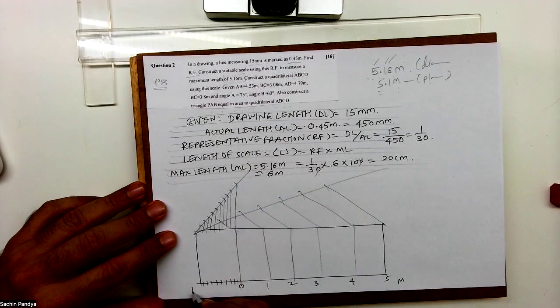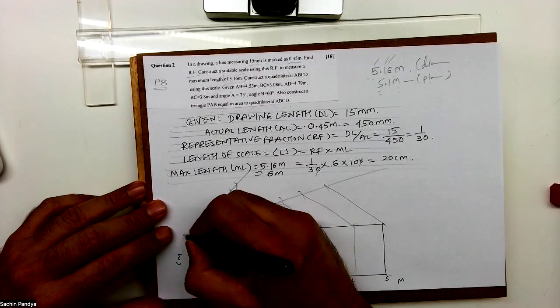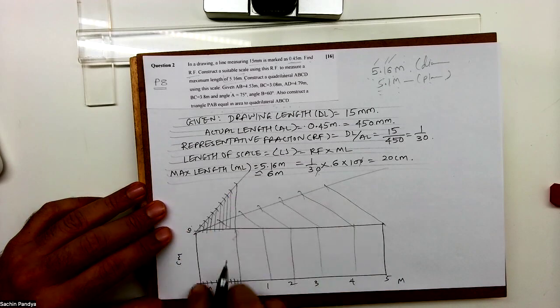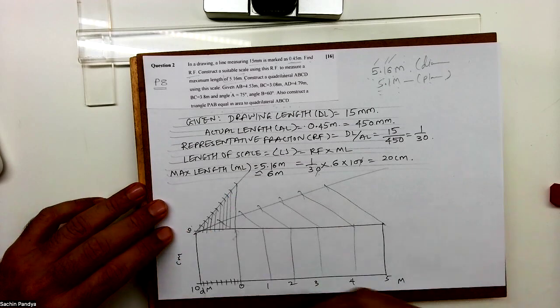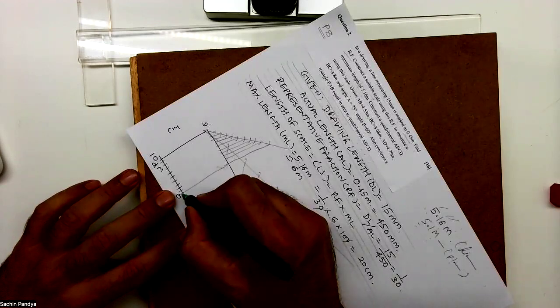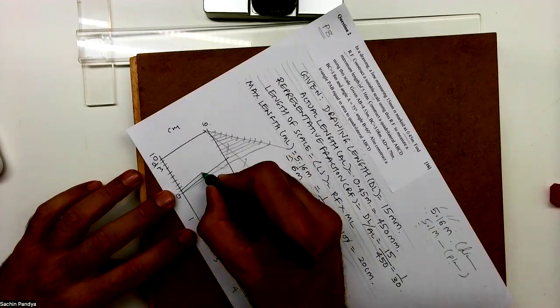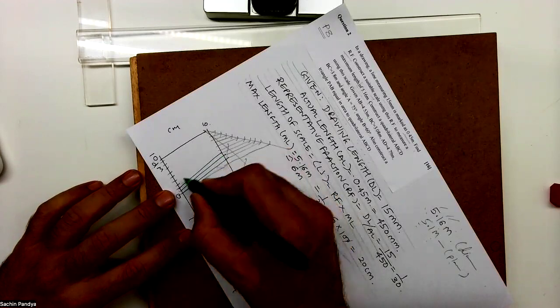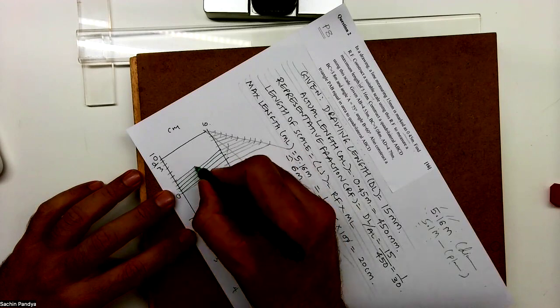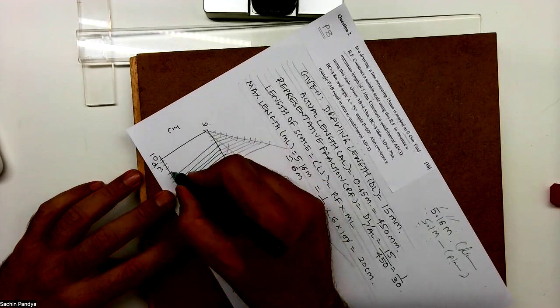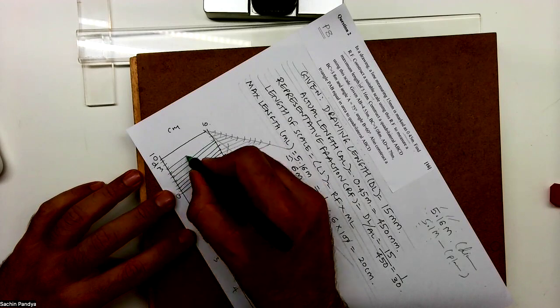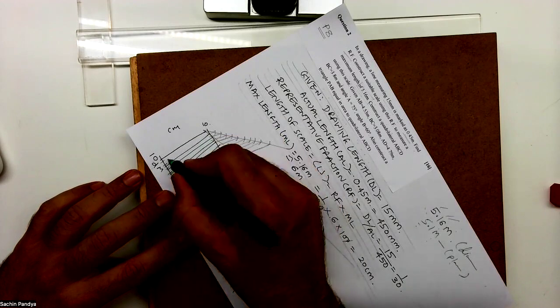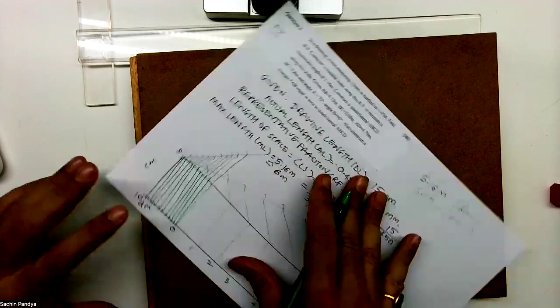This is meter, this is decimeter and this is centimeter. We'll divide this also into 10 parts. Then we need to join 0 to 1, 1 to 2, 2 to 3, 3 to 4, 4 to 5, 5 to 6, 6 to 7, 7 to 8, 8 to 9, 9 to 10.